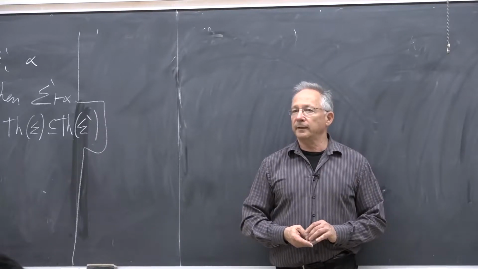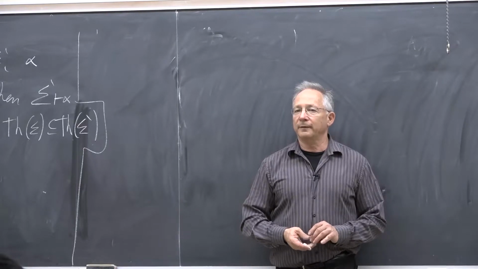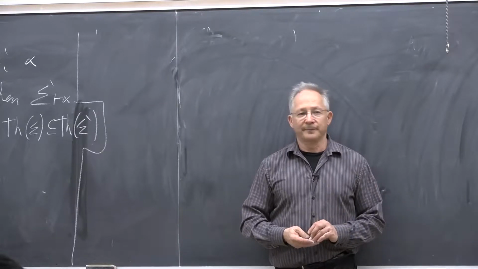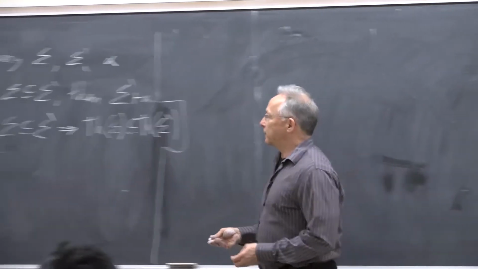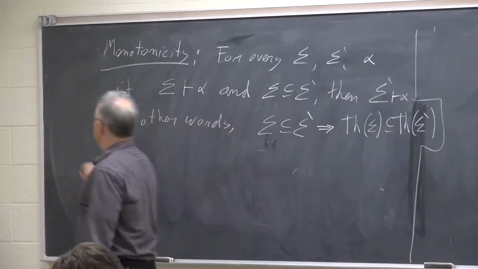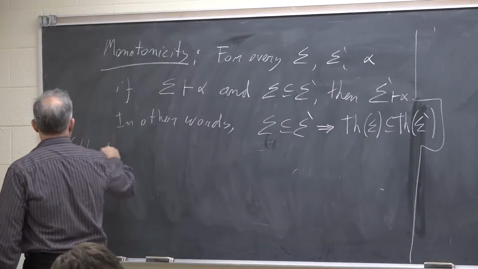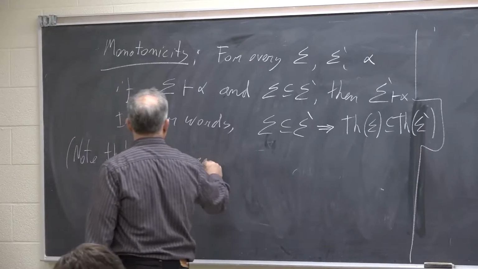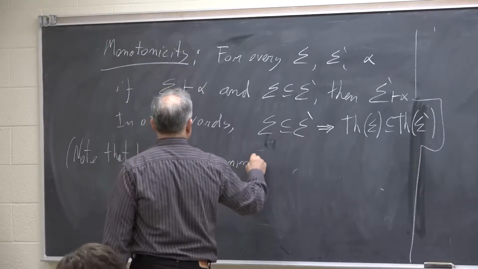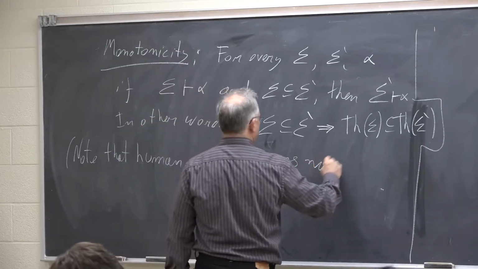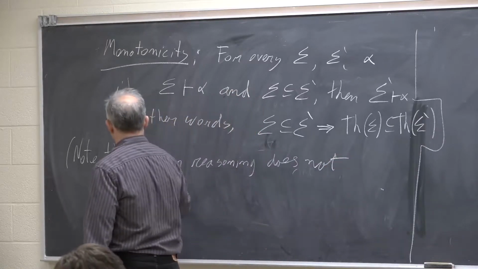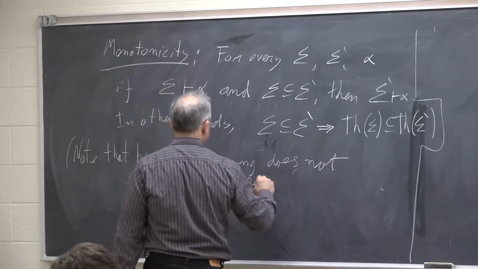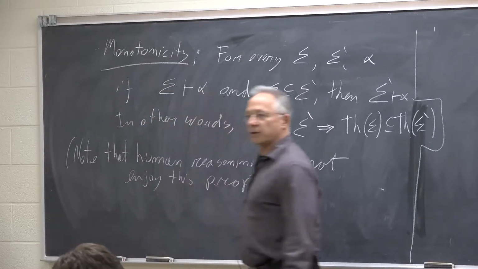Because, curiously, this is not the way we reason in human reasoning. Just note, in brackets, that human reasoning does not enjoy this property, which may sound strange at first look.